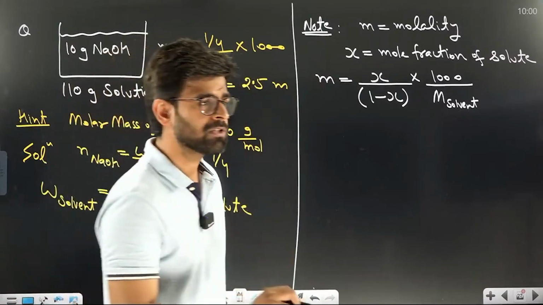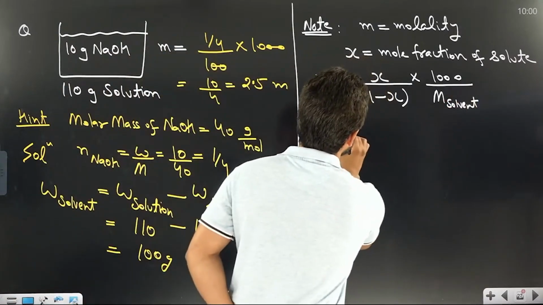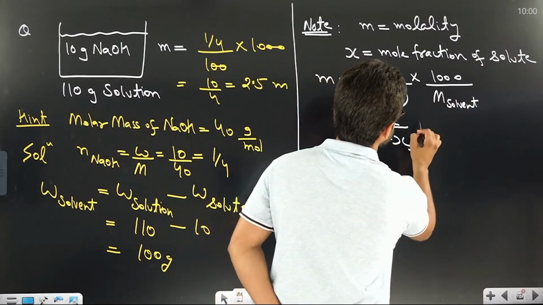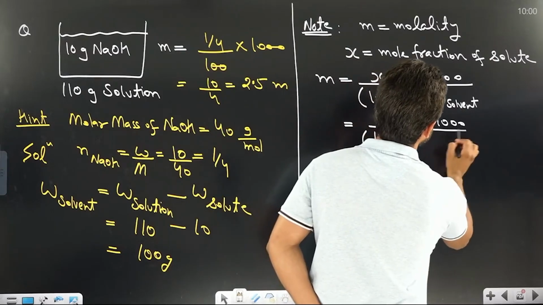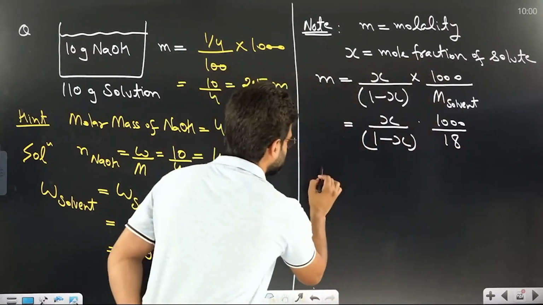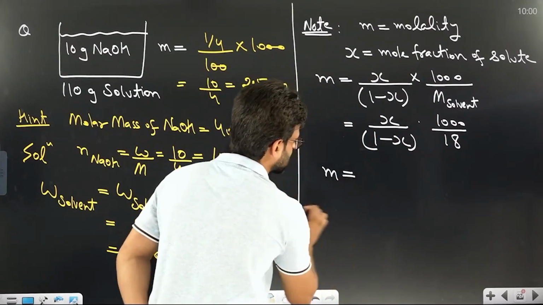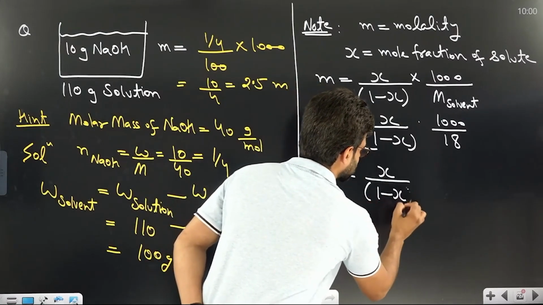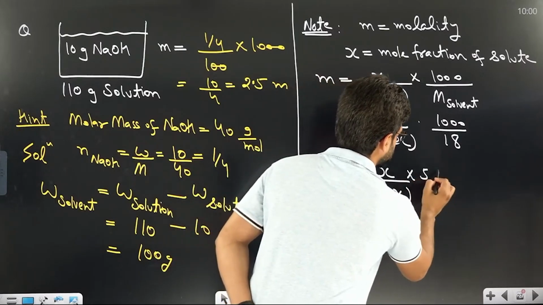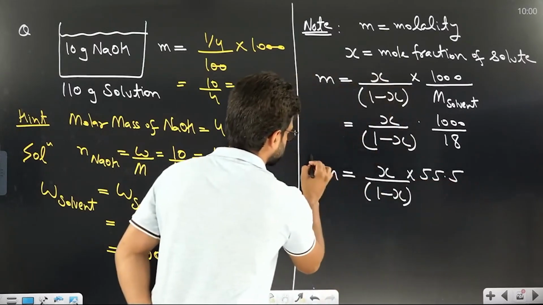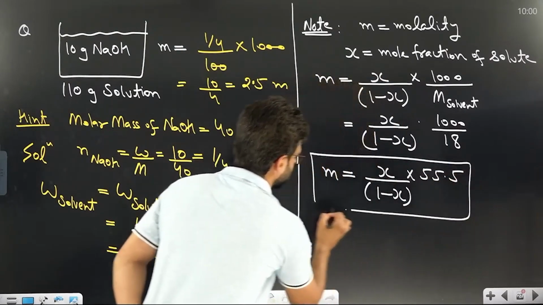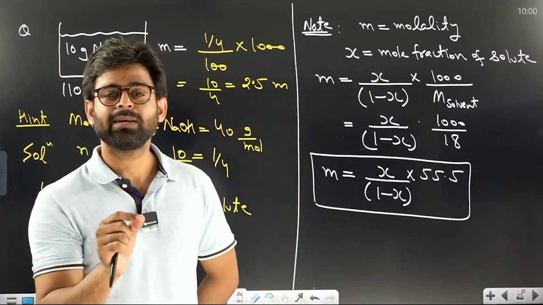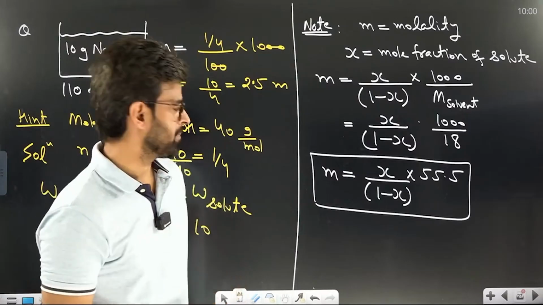So I will write here x divided by 1 minus x into 1000 divided by 18. Or simply I can write directly: m is x divided by 1 minus x into 55.5. So please write the shortcut. Direct relation of mole fraction and molality of solution. Okay, bacha?